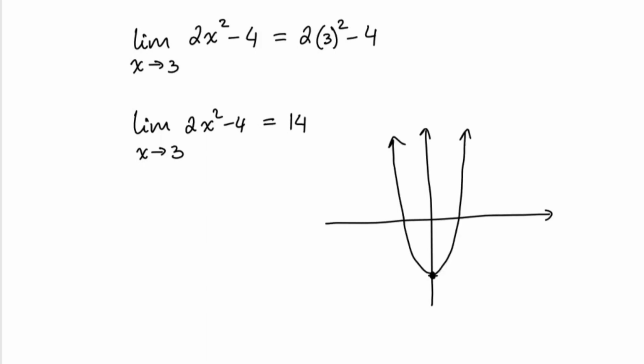So, when x is 3, the limit the function takes on is 14. The function is continuous, so the function is also defined at this point. So the limit corresponds to f of x. It corresponds to the defined value of the function at a particular x.